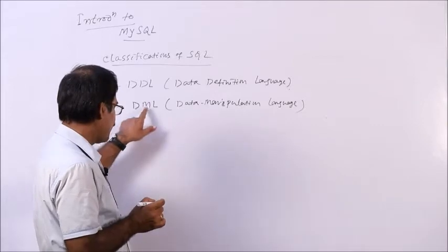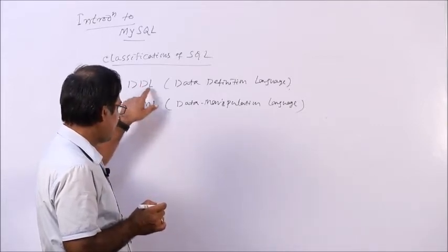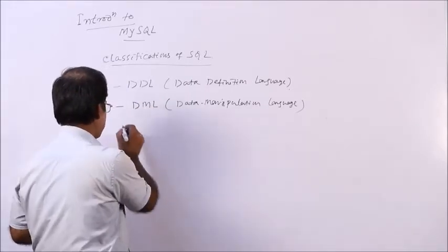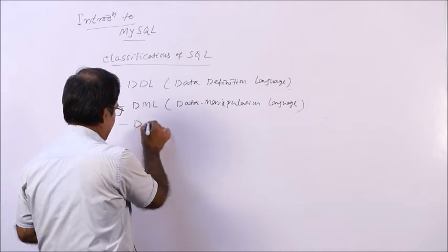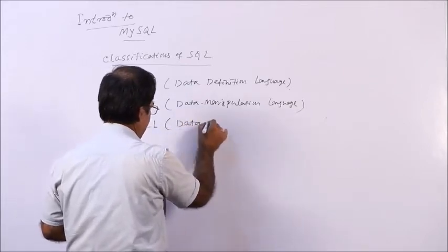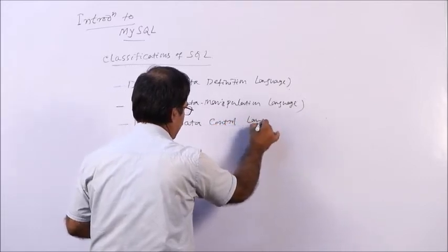D for data, M for manipulation, L for language. D for data, D for definition, L for language. Data definition language, data manipulation language. Then DCL, data control language: D for data, C for control, L for language.